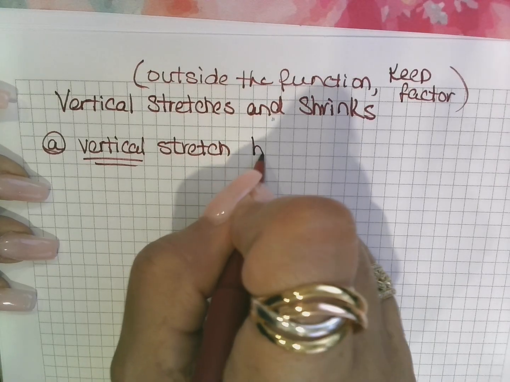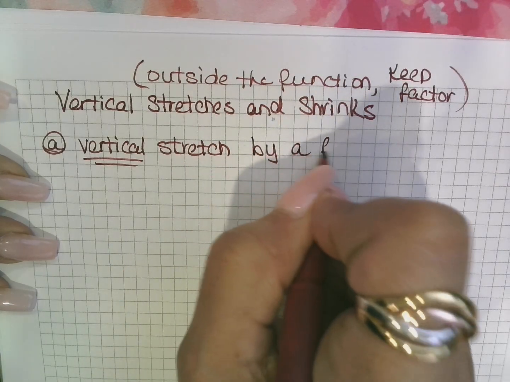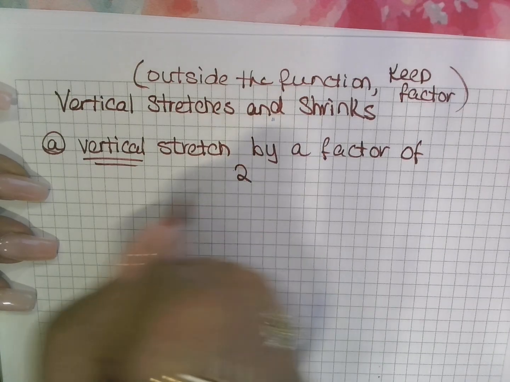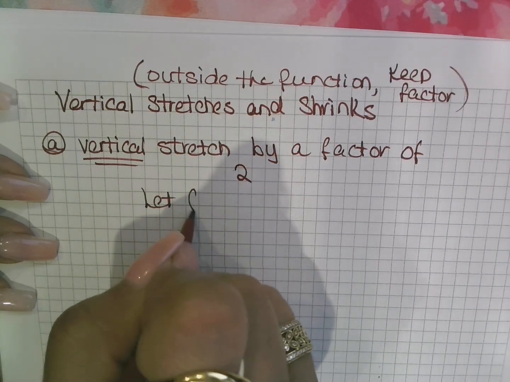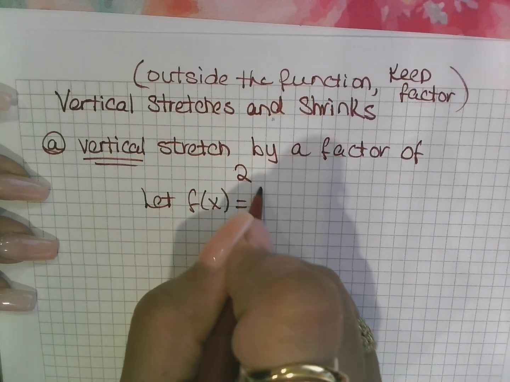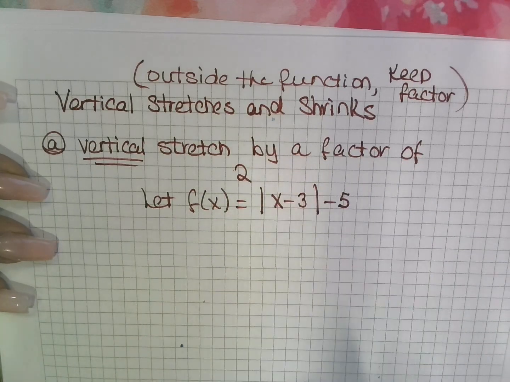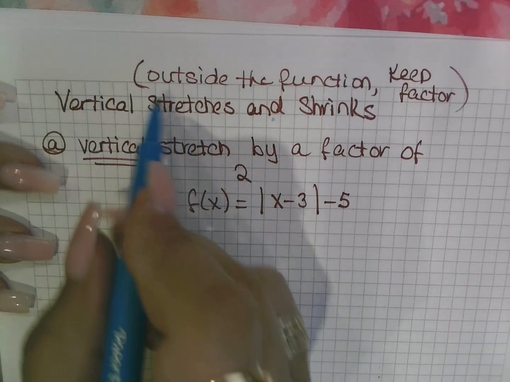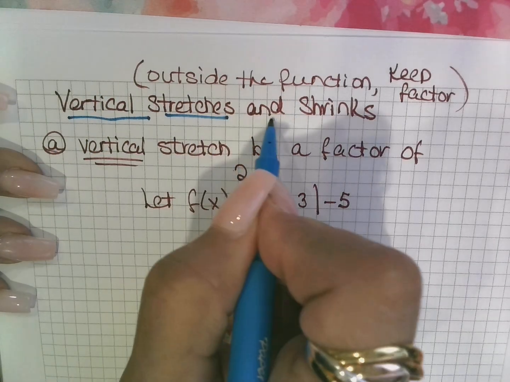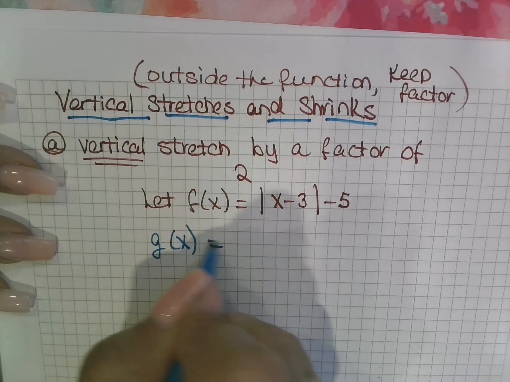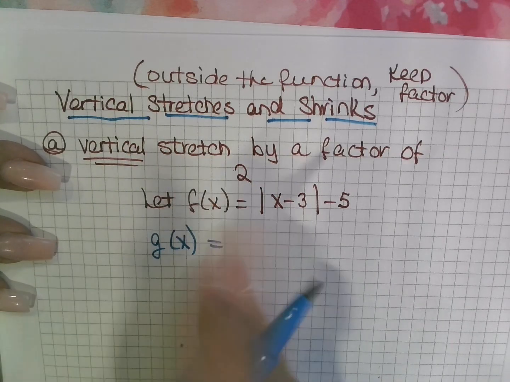Vertical stretch by a factor of 2 for f of x, and we're going to let f of x equal absolute value of x minus 3 minus 5. So my function, and again I'm going to call it g, you can call it whatever you want, g of x is going to be a vertical stretch by a factor of 2 of this.